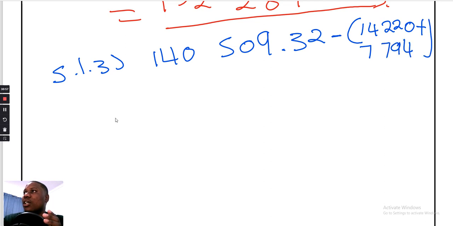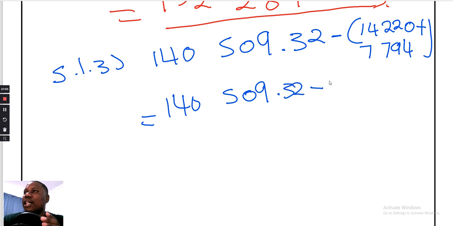Okay, we close the bracket, and this is going to be 140,509.32 minus, let's add those two and see how much we get: 14,220 plus 7,794, and that is equal to 22,014 rand.